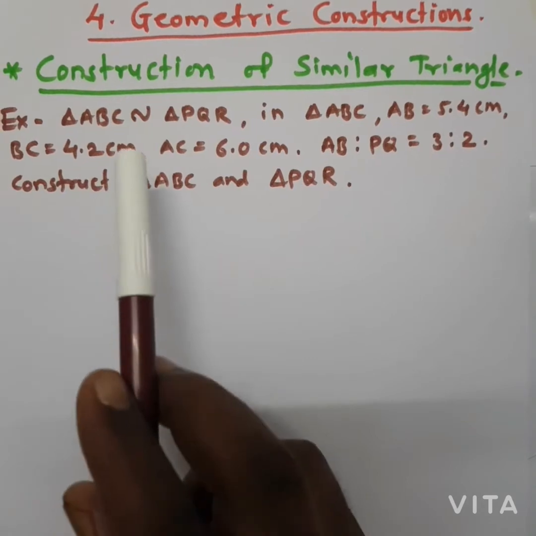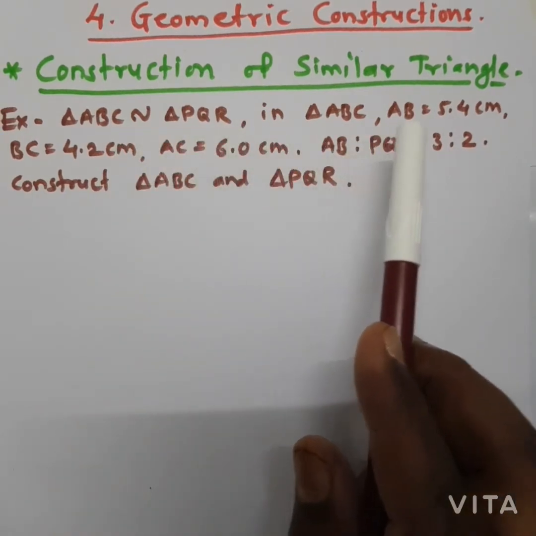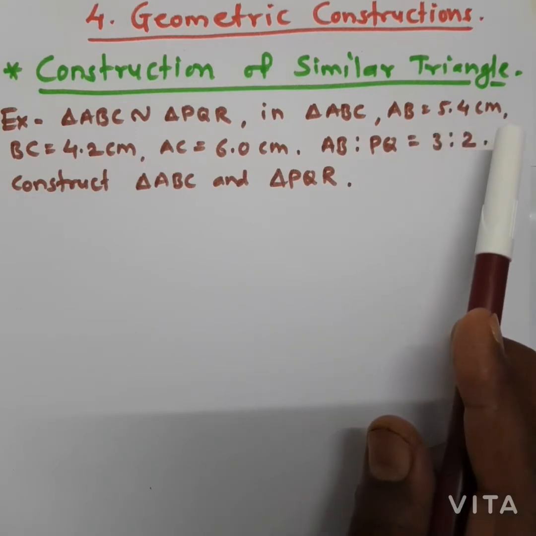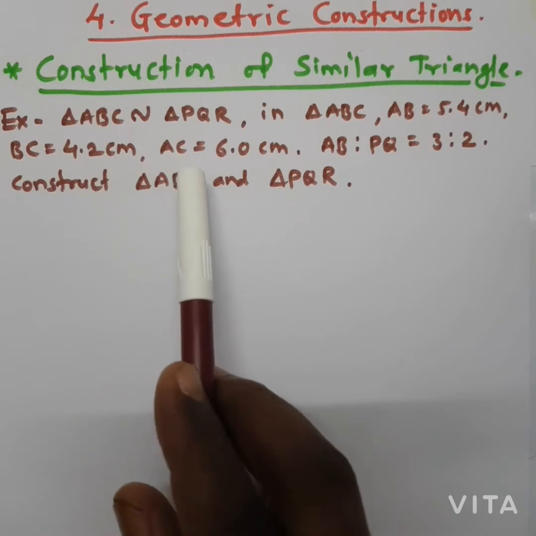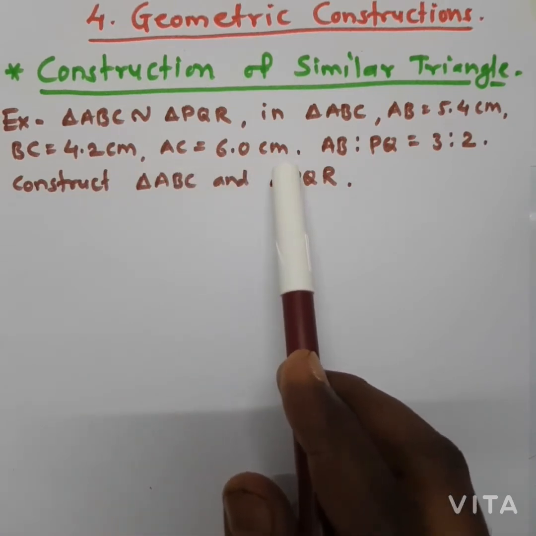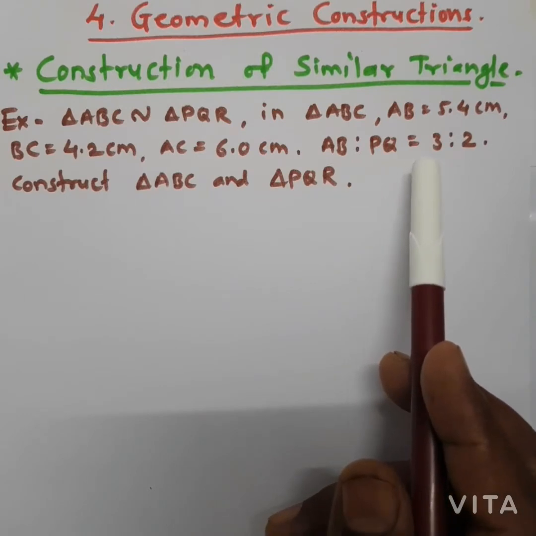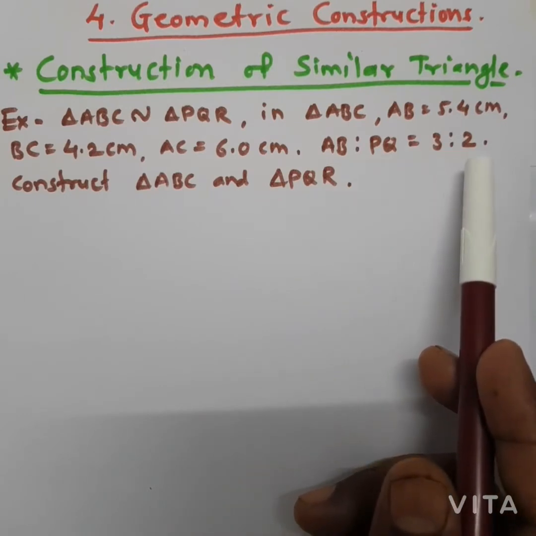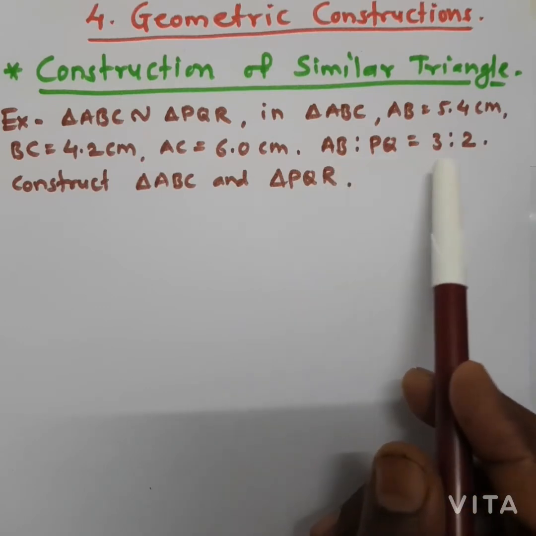See the example: triangle ABC similar to triangle PQR. In triangle ABC, AB is equal to 5.4 centimeter, BC is equal to 4.2 centimeter, AC is equal to 6.0 centimeter. The ratio AB to PQ is 3:2. Means if side AB is 3, then side PQ is 2.